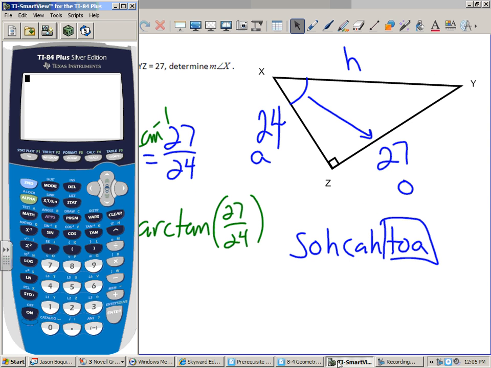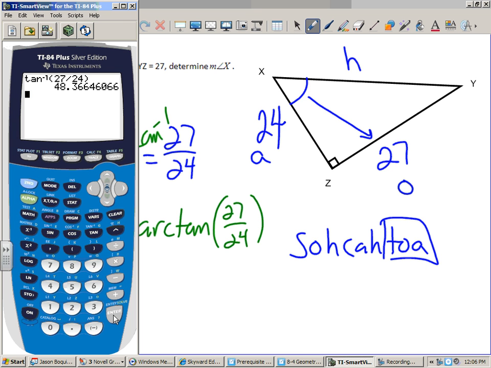And seeing this was recorded at a different time, I better make sure I'm in degrees. Yep. Because that's how I would like the answer given to me. I don't want it in radians, at least not in geometry class. So arctan's right there, tan to the -1, and we do 27 divided by 24. That's how you do the over here. And hopefully that will give me an answer. 48, well, that makes sense.